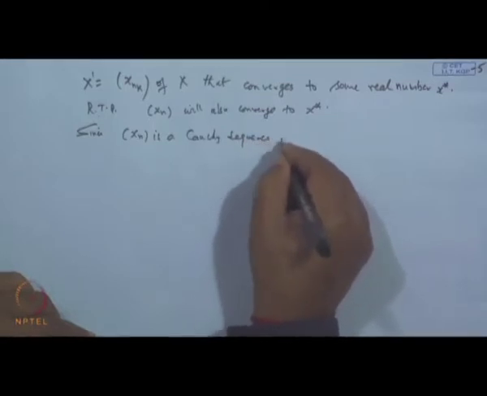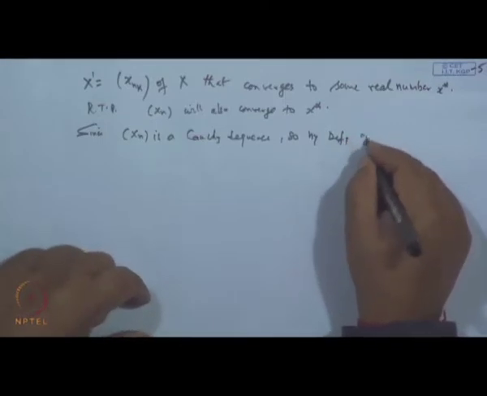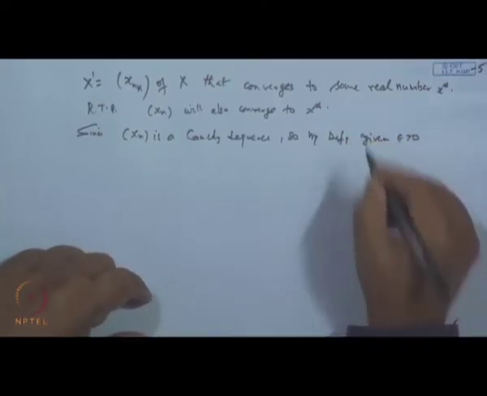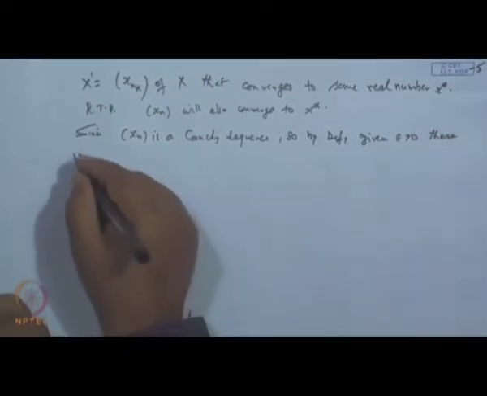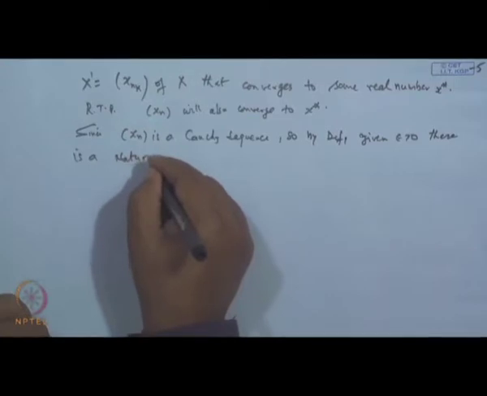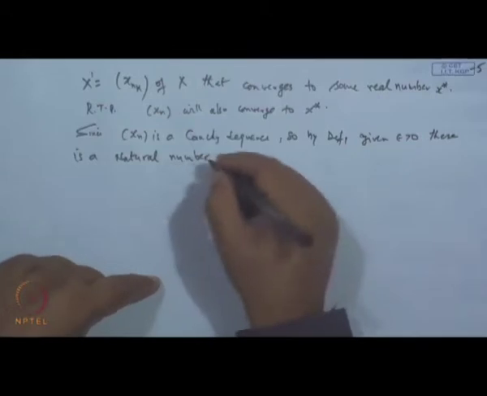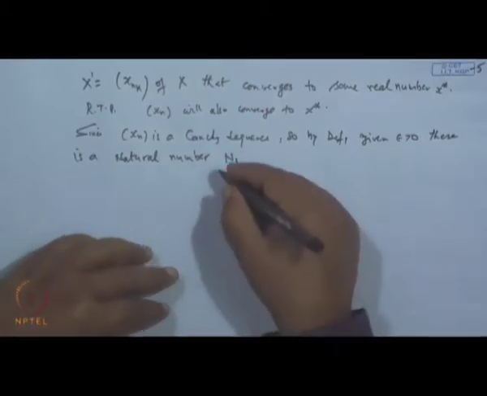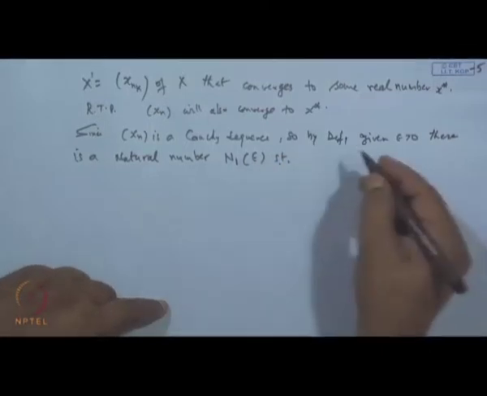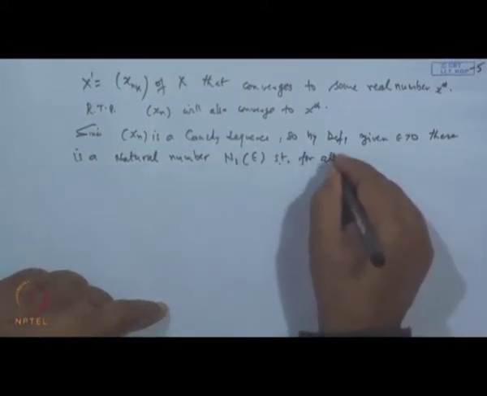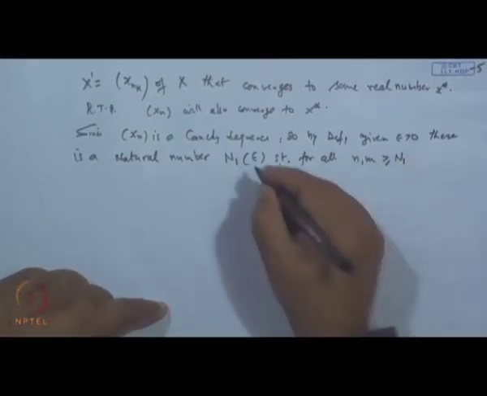So, since x_n is a Cauchy sequence, by definition of Cauchiness, for given epsilon greater than 0, there is a natural number, say n_1, depending on epsilon by 2, such that for all n and m greater than or equal to n_1, we have the difference |x_n minus x_m| is less than epsilon by 2.